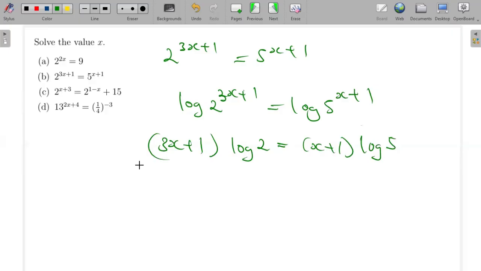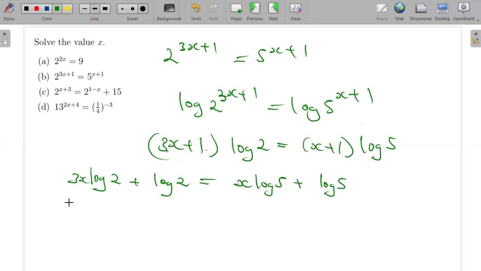So this here is going to be, I can multiply. So I multiply the 3x by the log 2, and I'm going to have 3x log 2 plus I multiply with the 1, I get log 2. The other side I do the same. I'll have x log 5, and then multiplied by the 1, I have log 5.